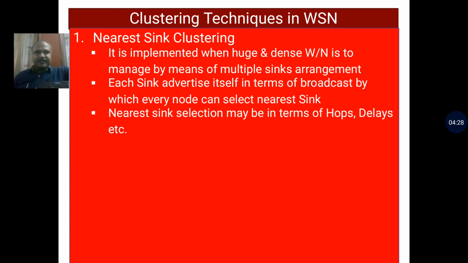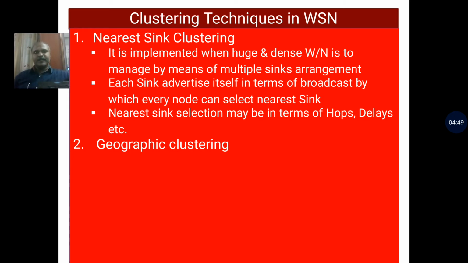Nearest sink selection may be in terms of hops and delays, etc. Nearest sink selection is on the basis of minimum path requirement and minimum latency as well as energy available through the network.